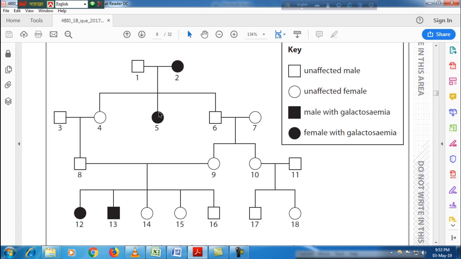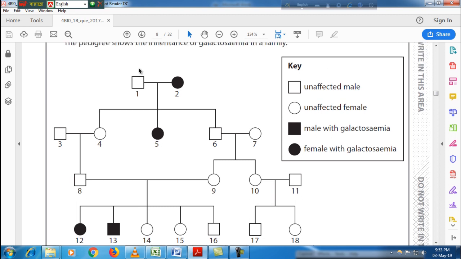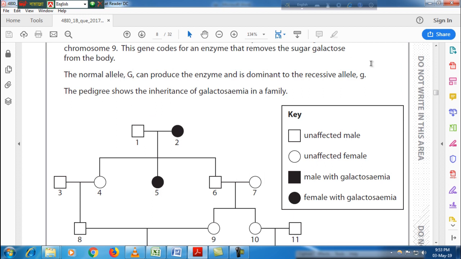If the genotype were capital G and capital G, then the children won't be affected if both of them are dominant alleles. But here I am seeing that the children of 1 and 2 are affected in number 5. That means the genotype of 1 is one dominant allele and the other one is recessive allele. One will be capital letter G and the other one is small letter g.